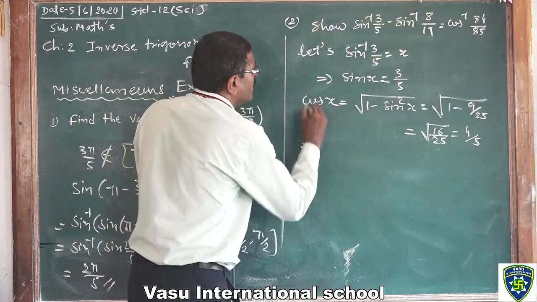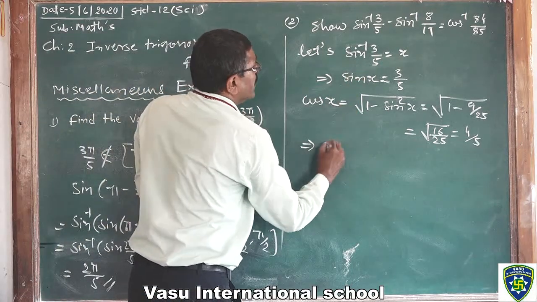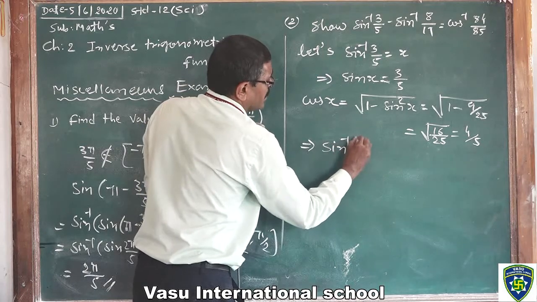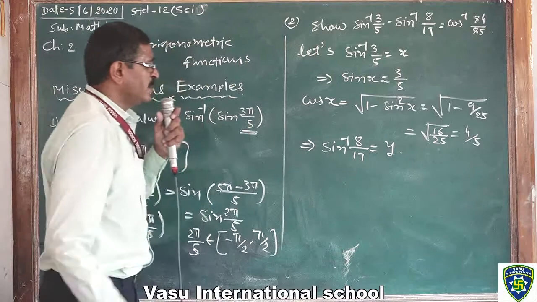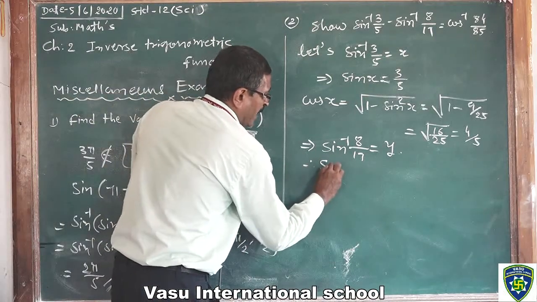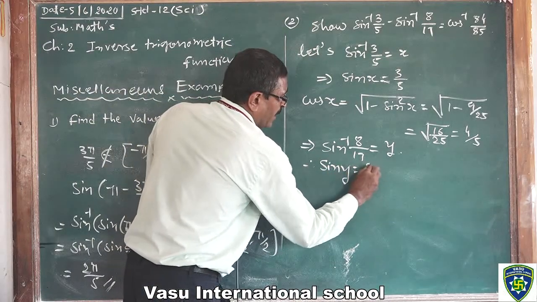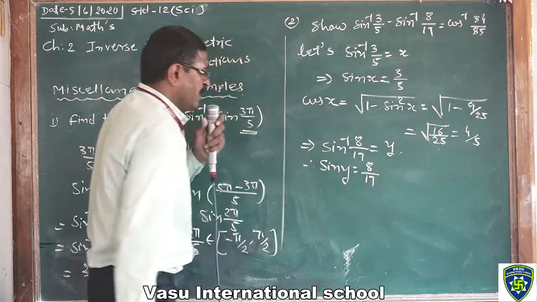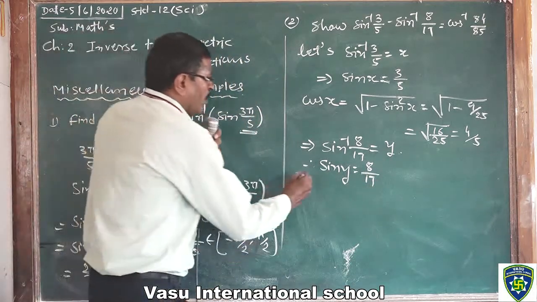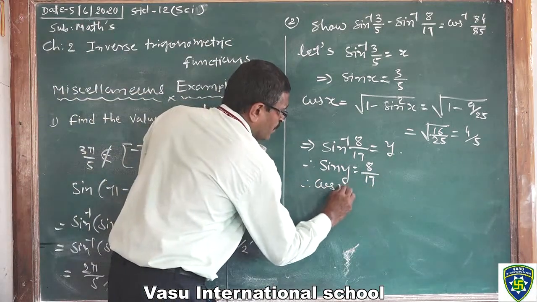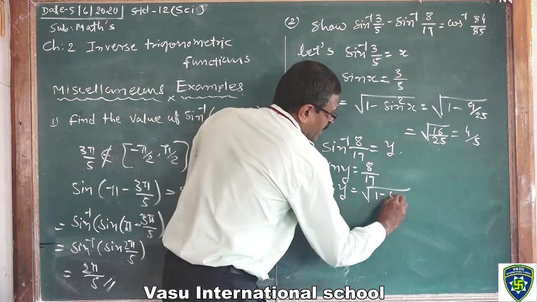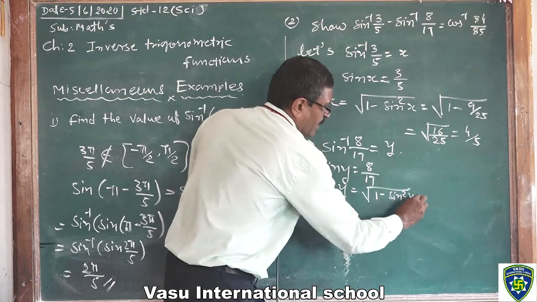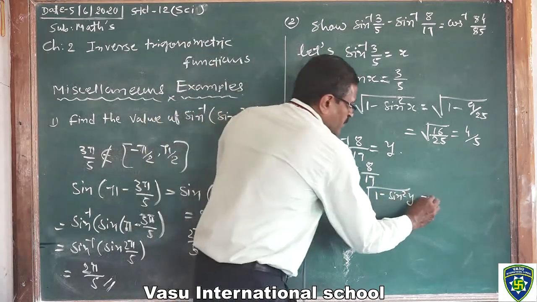Similarly, take sine inverse 8 by 17 equal to y. So sine y is equal to 8 by 17. Clear, student? Now cos y is equal to square root of 1 minus sine square y. Clear, student?